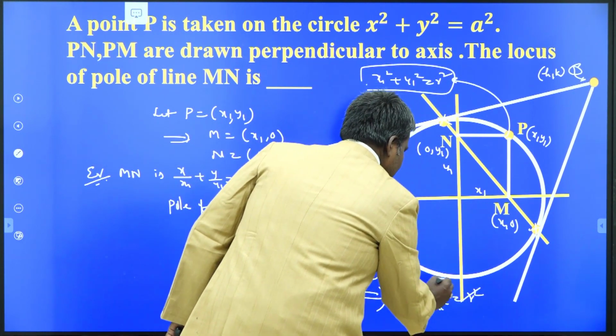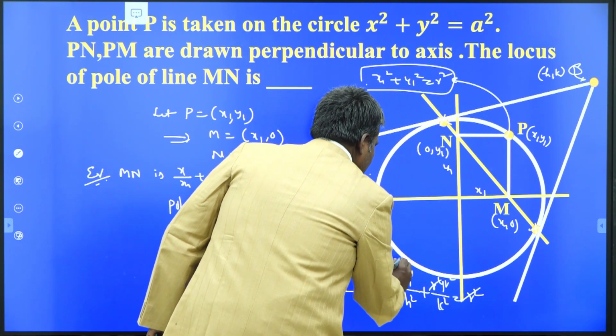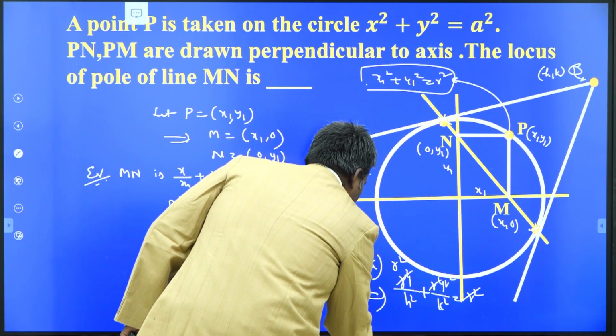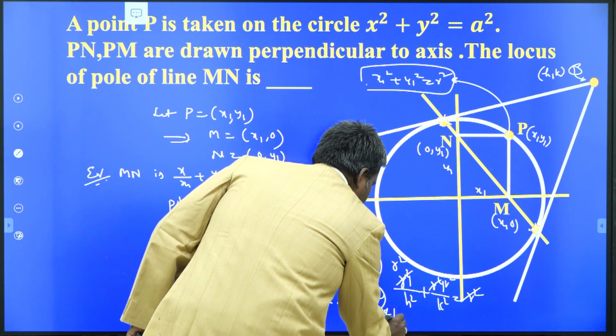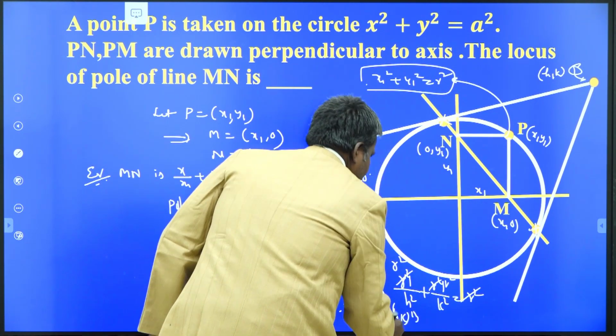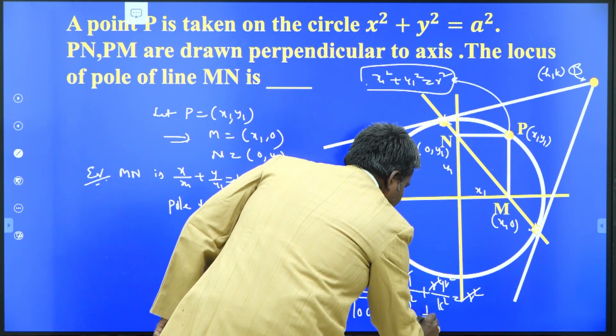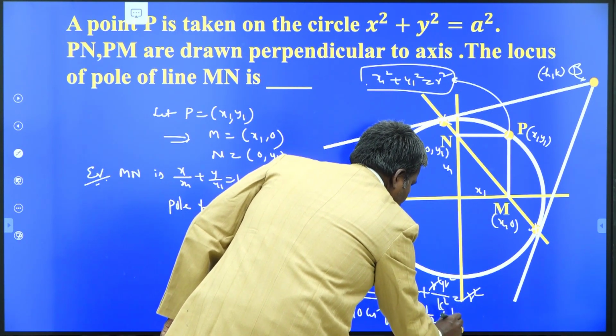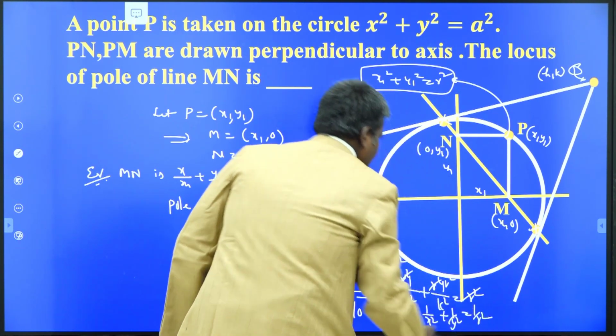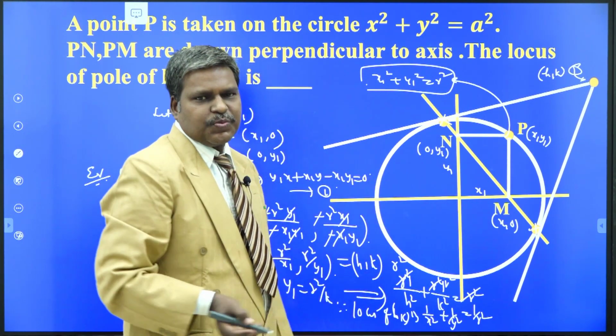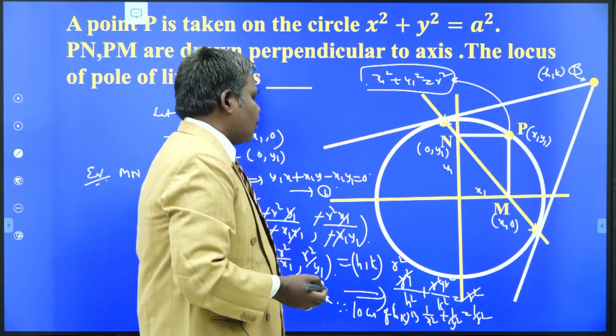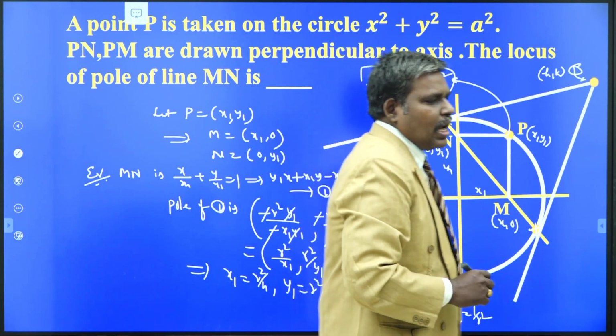So r square cancels out, my dears. Therefore, the locus of h comma k is 1 by x square plus 1 by y square equal to 1 by r square, or you may take it as x power minus 2 plus y power minus 2 equals r power minus 2.